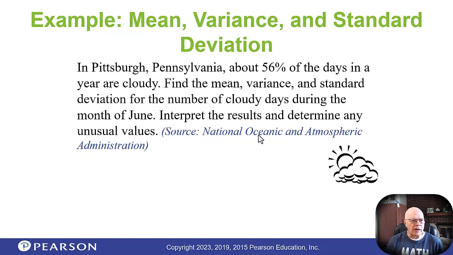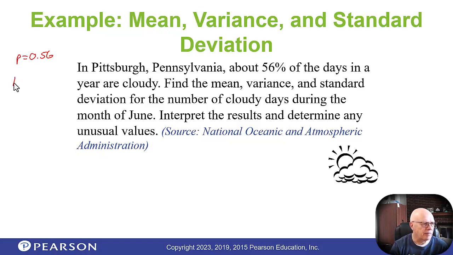All right, let's give this a try. In Pittsburgh, Pennsylvania, I've been there. Have any of you been there? So, what do we have here? We have 56% as our probability. We'll change that to a decimal so we can use it easier. We want the mean, the variance, and the standard deviation.